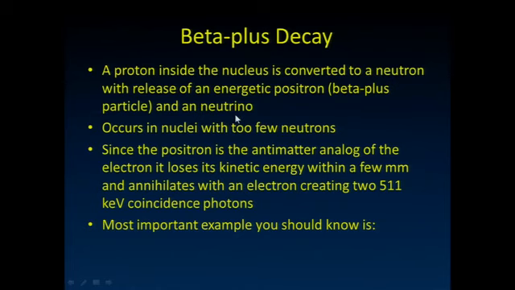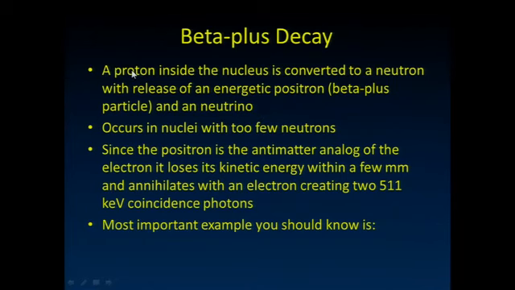So, beta plus decay. In beta plus decay, one of the protons inside the nucleus gives off some of its positive charge and gets converted to a neutron. And it gives off an energetic positron to do that, the beta plus particle, along with a neutrino. Again, I'm not going to get into the neutrino portion.